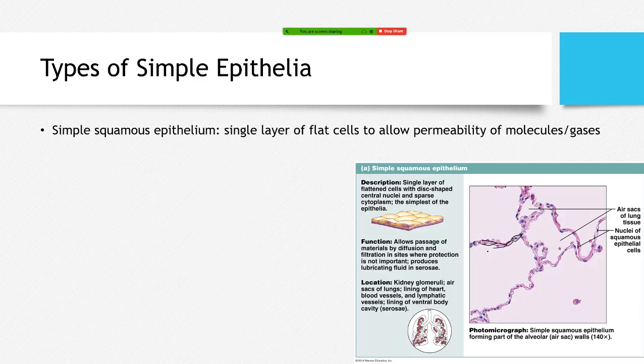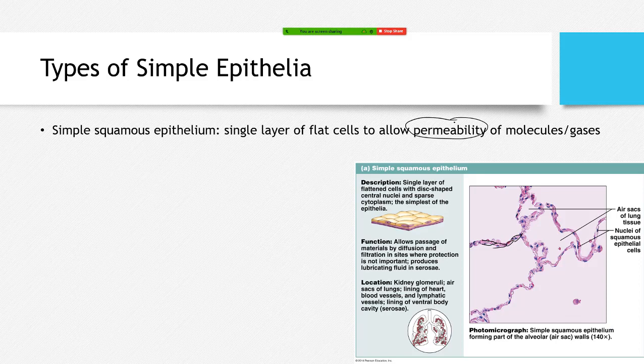And this simple squamous epithelium will be very permeable. Permeable, it allows things to pass through, right? To molecules and gases, which also makes sense too, right? Okay, we already determined that it will be easier for a single cell layer for things to pass through.